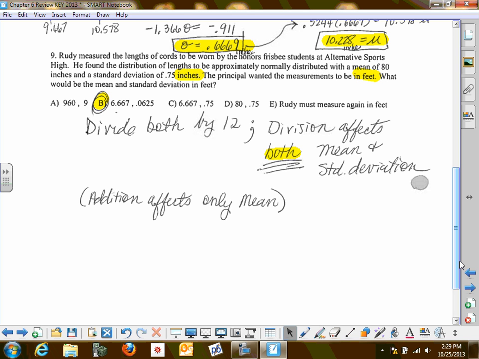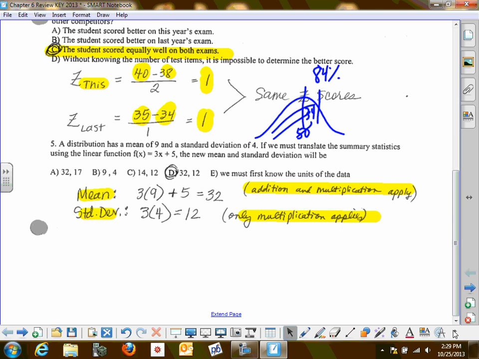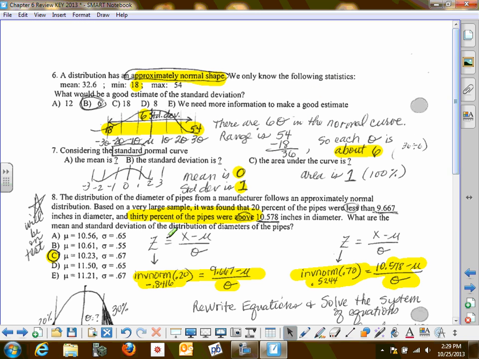Yes. Correct. Well, probably not, since it's approximately normal shaped. That right there implies the standard deviations that it's kind of encompassing, as well as the symmetry of it.